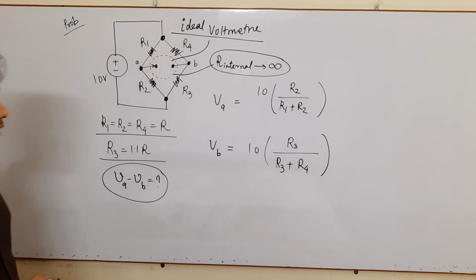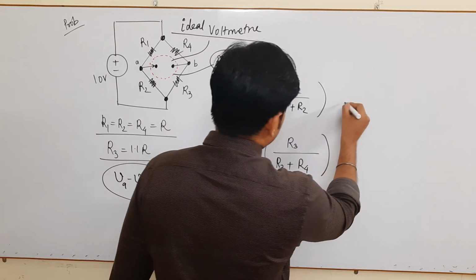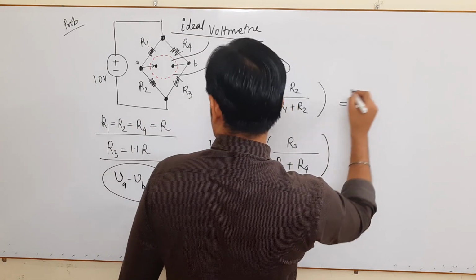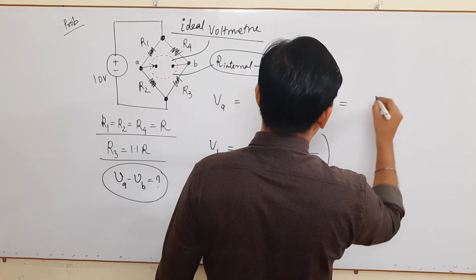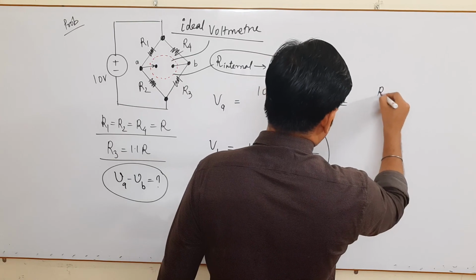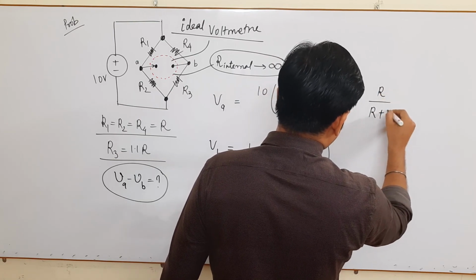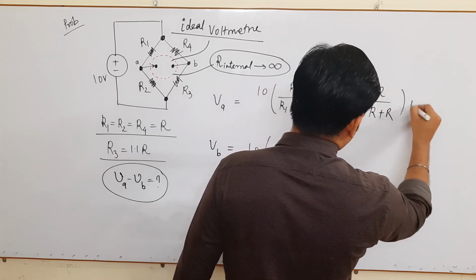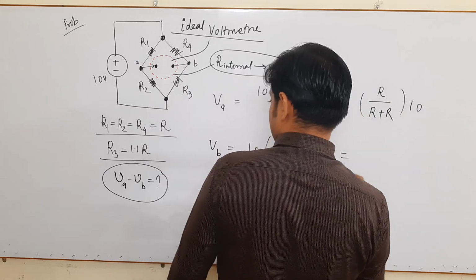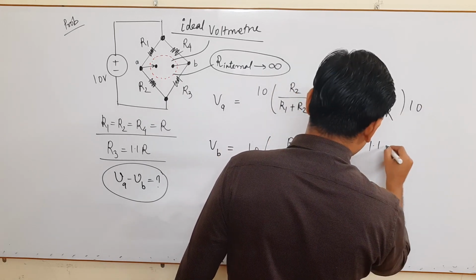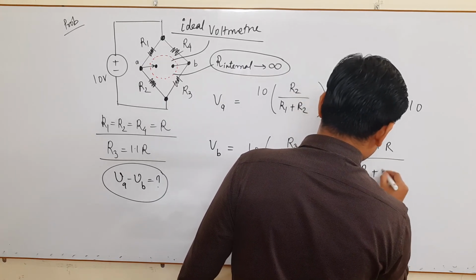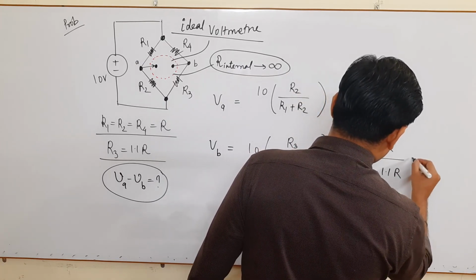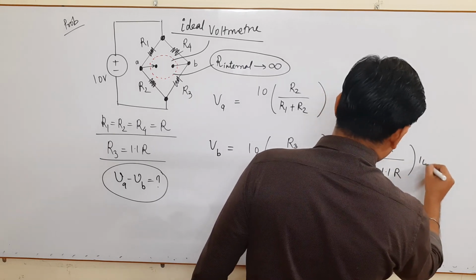Very simple. So can you now find the value of VA? What is the value of R2? R1, R2 and R4 are the same as R. So I can write it as R upon R plus R into 10. Or here I can write R3 as 1.1 R upon R plus 1.1 R into 10.